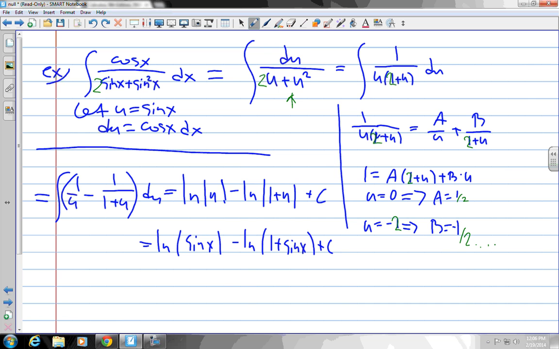But sine x itself cannot equal 2, even in the context of that problem. No matter how hard you try, sine x will never equal 2. That doesn't work. Anyways, fun.